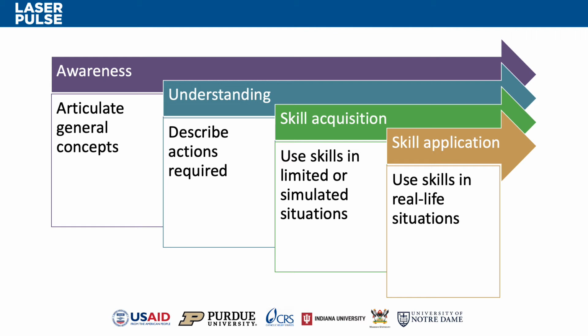For example, if we were to use the analogy of the game of football or soccer, a person with a general awareness would be able to tell you that the sport is played by two teams, that players must advance the ball down the field without using their hands, that points are scored by placing the ball into the opposing team's net, etc.